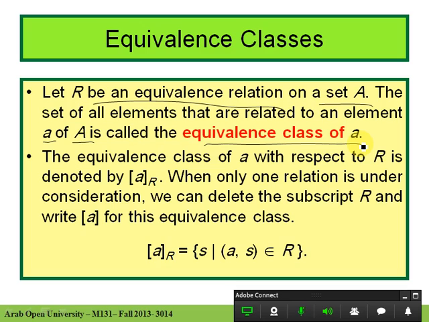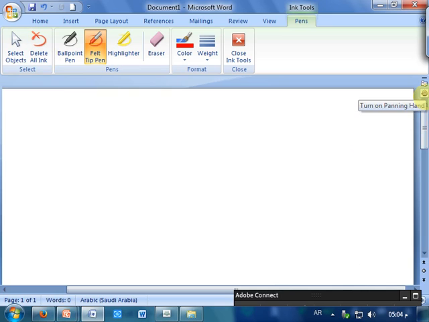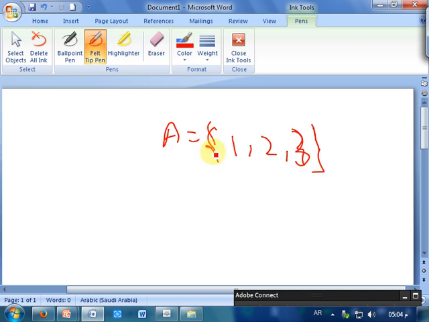For example, let set A be 1, 2, 3. Then all the elements related with 2 on any condition is called the equivalence class of 2. Here A is a capital set, and an element of A is, for example, 2.